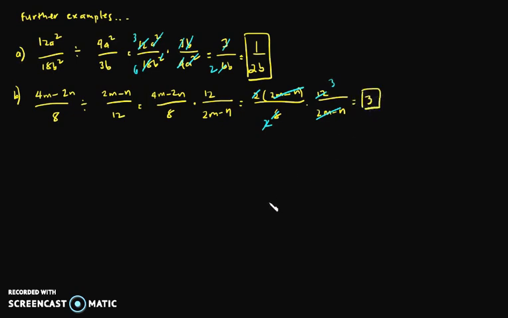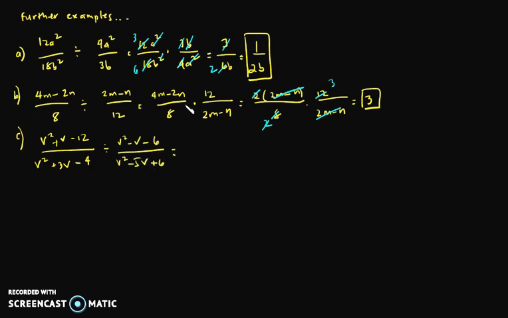Okay, next example. How about if I have b squared plus b minus 12 all over b squared plus 3b minus 4 divided by b squared minus b minus 6 all over b squared minus 5b plus 6.